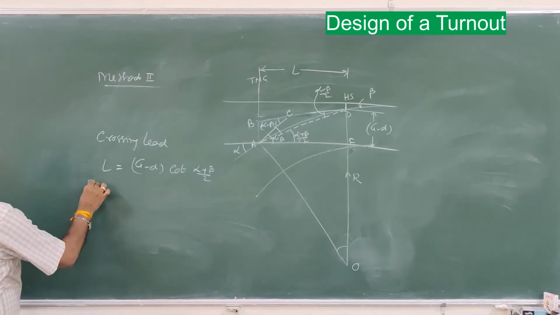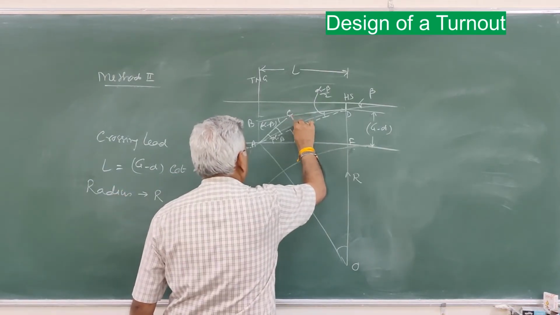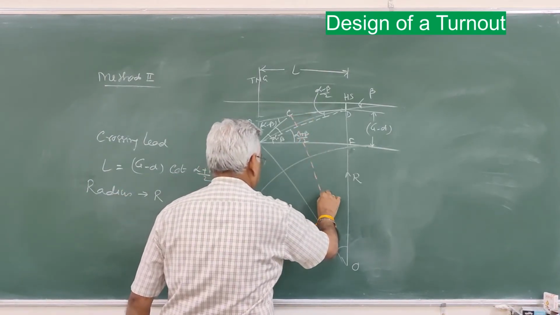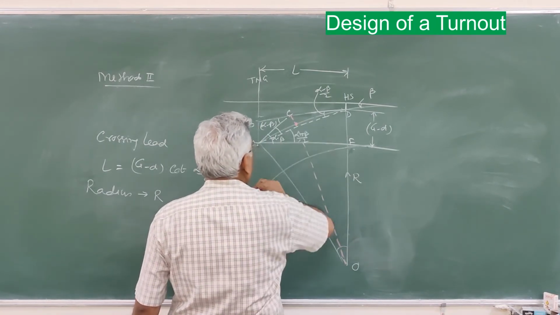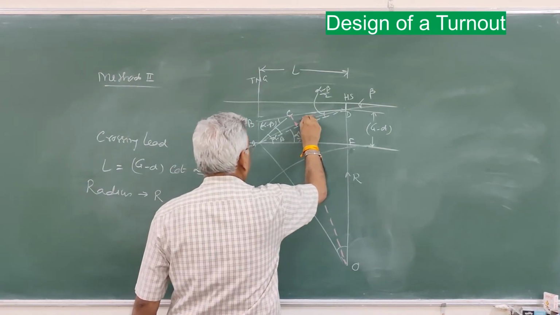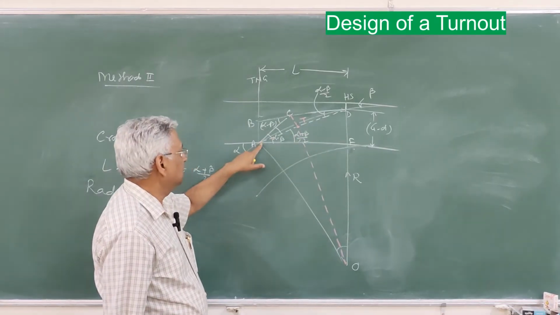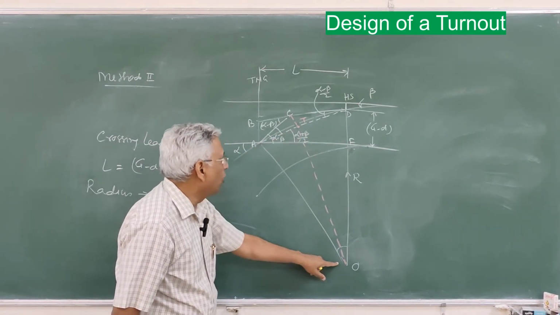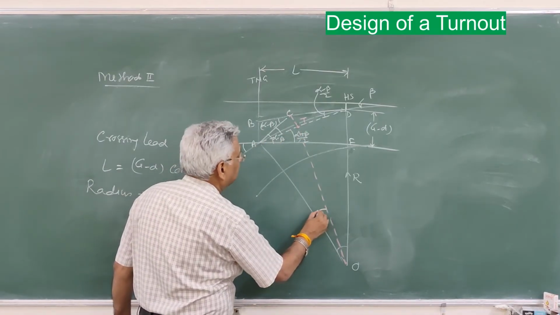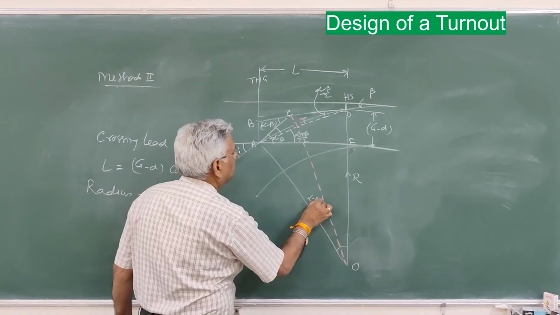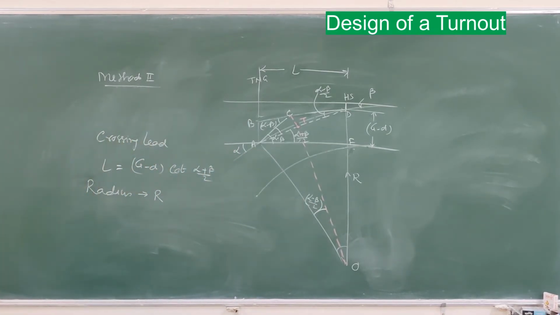Radius of the curve, take this point here. Let us say this point is T. T point is on this chord AD, right? So you consider this triangle ATO. In this triangle ATO, this angle will be alpha minus beta by 2.